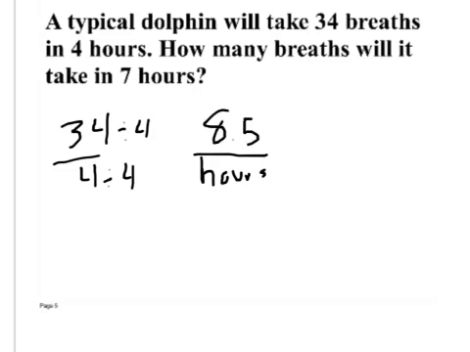This tells me he takes 8.5 breaths per hour. So now I times it by 7. Because I know how many breaths he takes in 1 hour, I times that by 7. Find out how many breaths he takes in 7 hours.